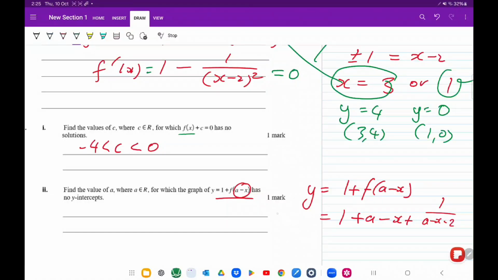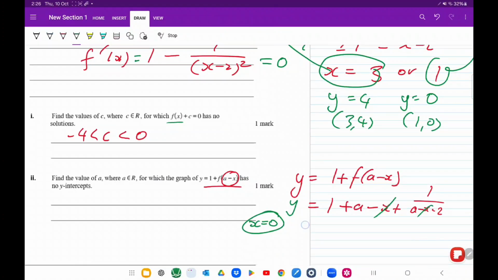Okay, the y-intercept is x equals 0, so we substitute x equals 0, that crosses out, and so we end up getting y is equal to 1 plus 1 over a minus 2.